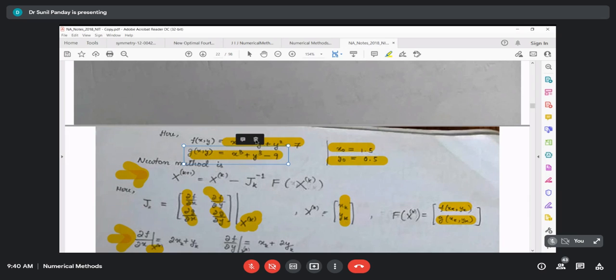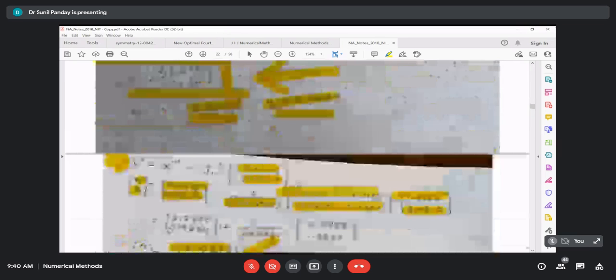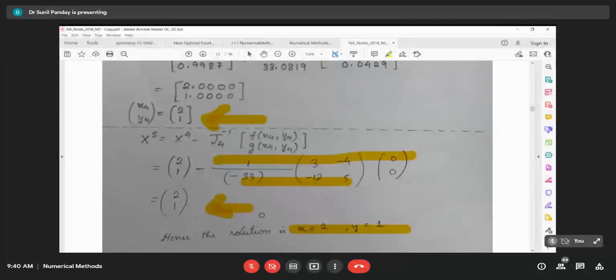Similarly, 2 raised to power 3 is 8 and 1 raised to power 3 is 1, so 9 minus 9 is 0. So in this question, after 5 iterations, your fourth and fifth iterations are matching and no further improvement is going on. You have stopped. But in general, it will not happen that the fourth and fifth iterations are the same.